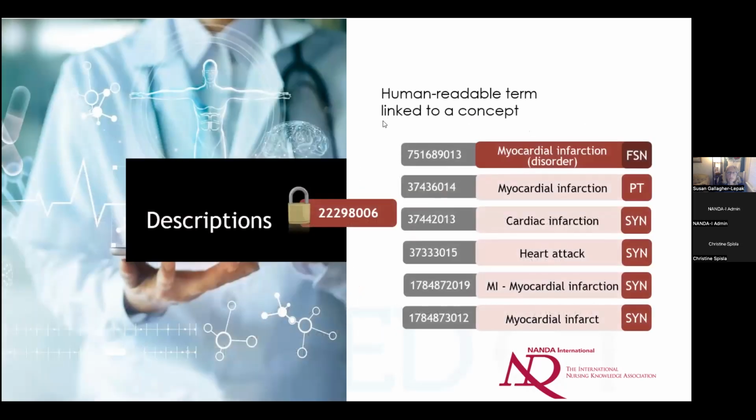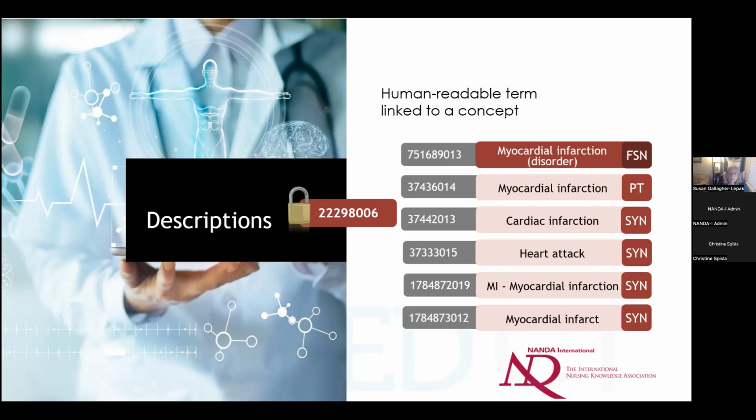So here's a great example: we've got our concept of myocardial infarction. Here's the preferred term, which is the fully specified name without the hierarchy tag, and then all the different synonyms that are attached to it. Myocardial infarction is a great example because there are so many different ways that we can express the term, but we're all meaning the same thing.